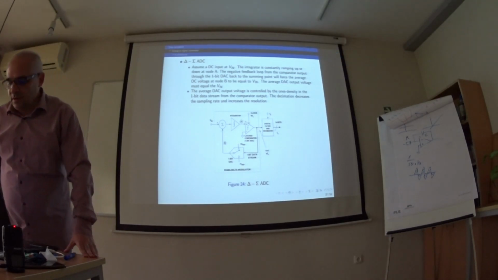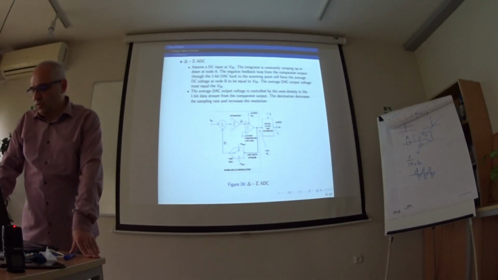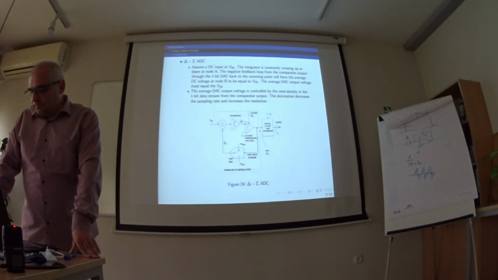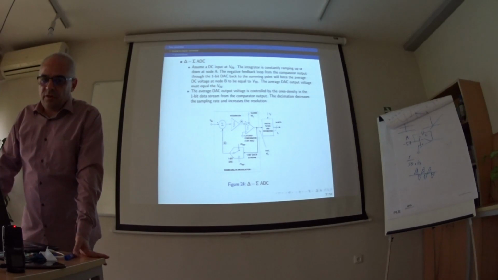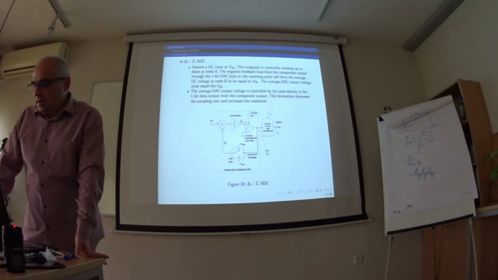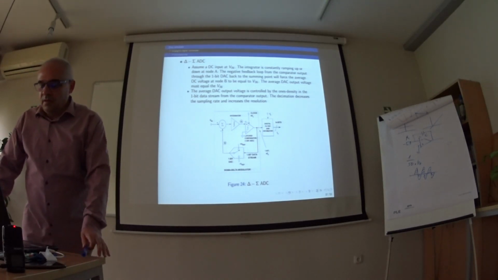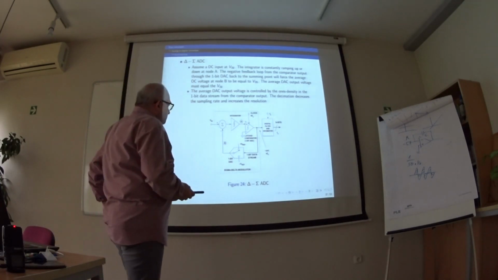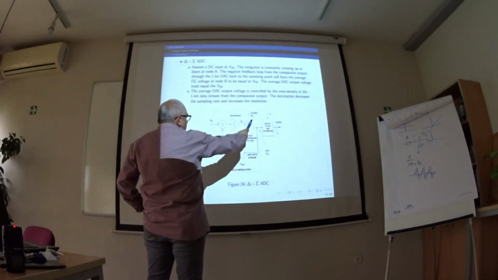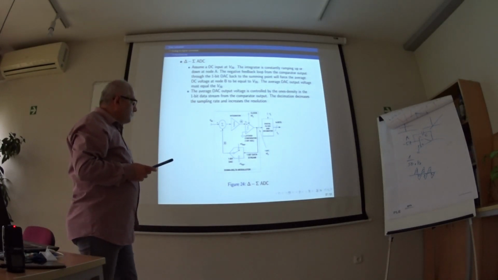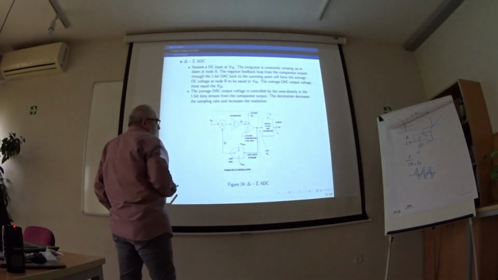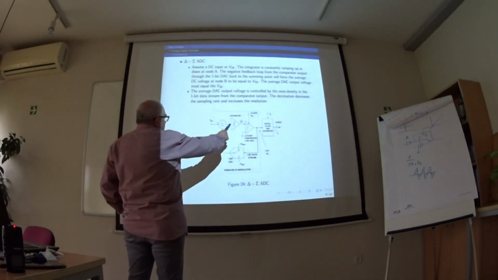The next thing is the delta sigma analog to digital converter. The idea here is similar to averaging and oversampling. We have, in fact, a 1 bit analog to digital converter, just a comparator, a 1 bit digital to analog converter, and an integrator.